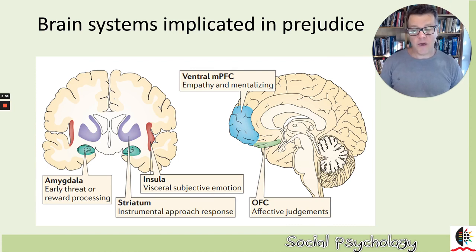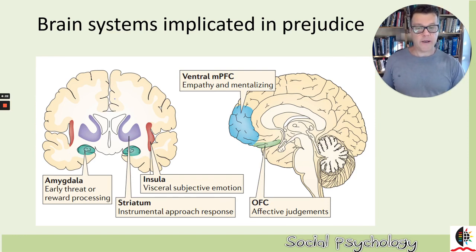Early threat reward processing. There's a lot of evidence that in confronting an out-group member, part of the brain system that becomes operational is a startle response, threat rewarding, and these brainstem functions are very difficult to control. They're deep underlying systems.